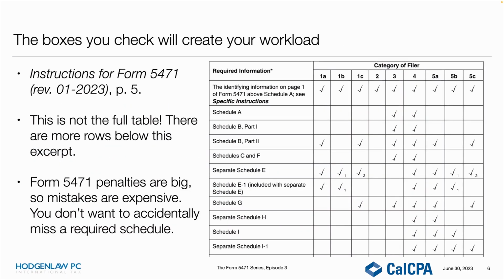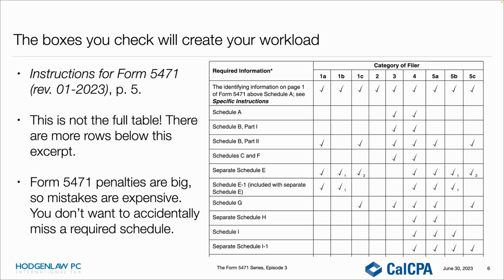And why does it matter? It matters because the workload that you take on is a function of the check boxes that you put. So you check category 3, you can see the checklist of all the schedules that you have to do, and category 4 and 5.